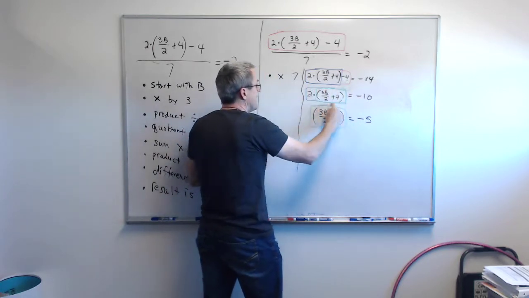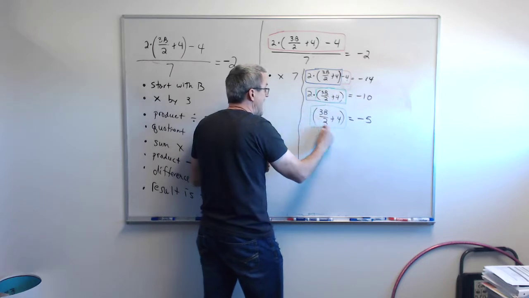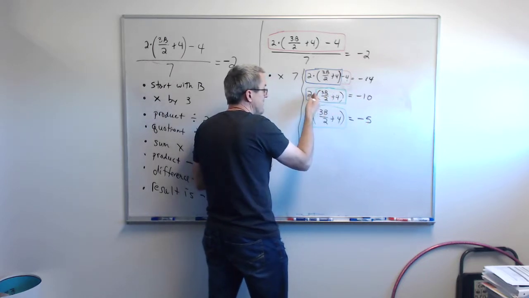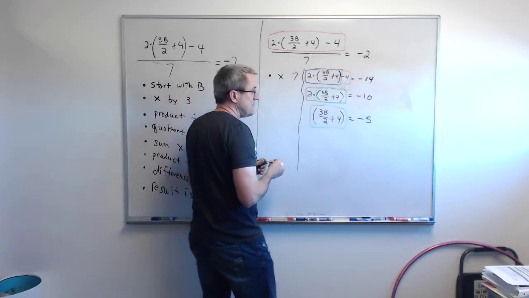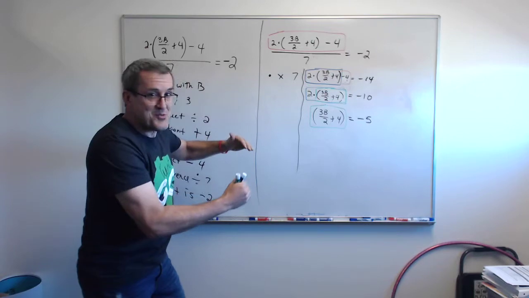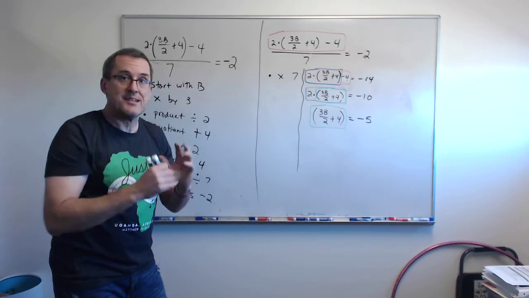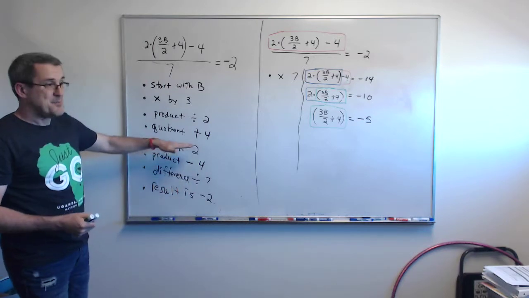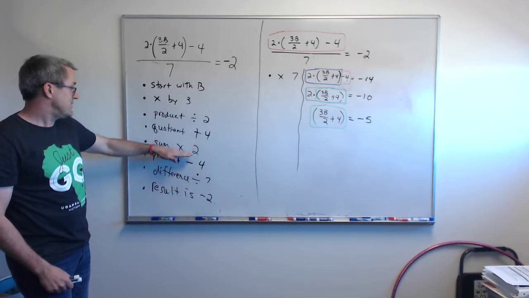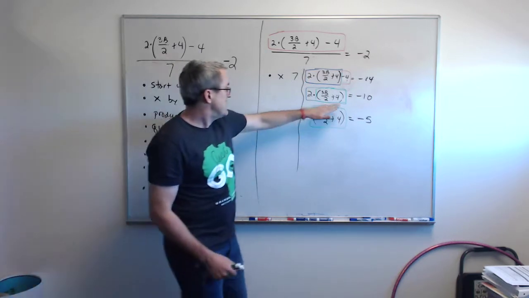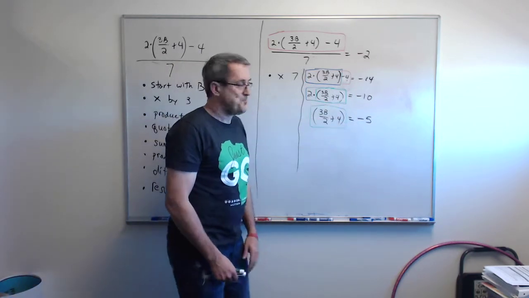So I'm making a logic claim that this stuff in green has to be -5, because that's the only way you can get -10. There's a logic statement there. I hope you see, as I'm going through this, these logical claims that I'm making as I go through my list. But I'm also getting some help over here from my construction story. Over here, I multiplied by 2, so now I'm going to divide by 2.